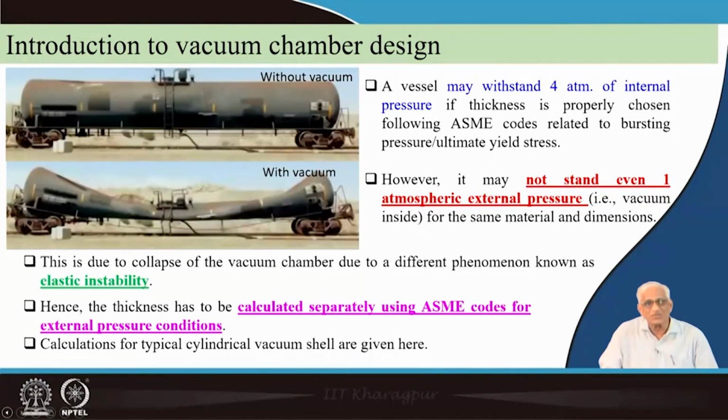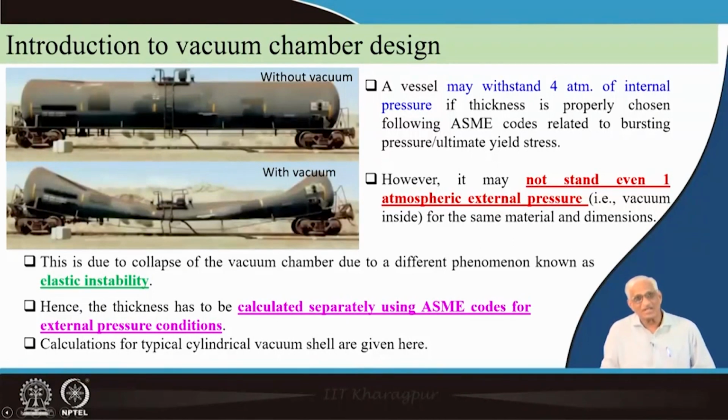When you look at this figure, you can get a feel. Any metallic vessel can withstand 4 atmospheres of internal pressure with outside atmosphere, as per ASME codes; you can design for that also.